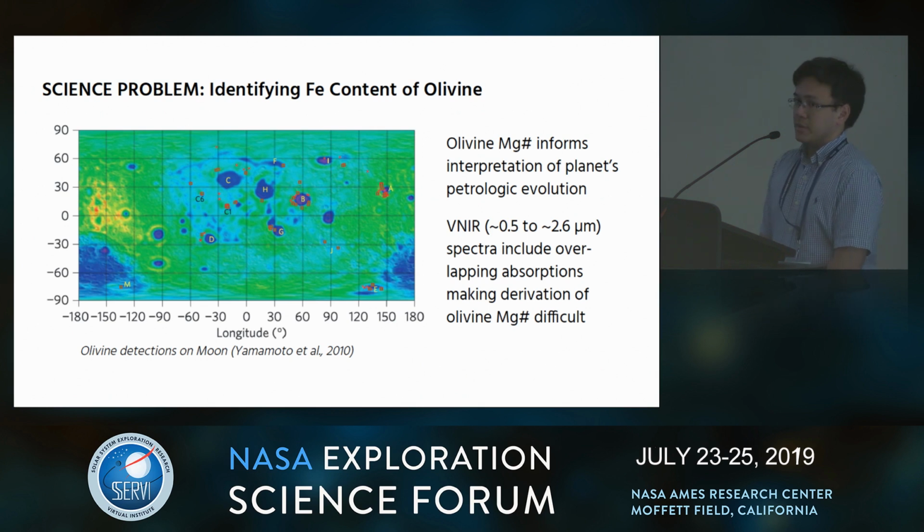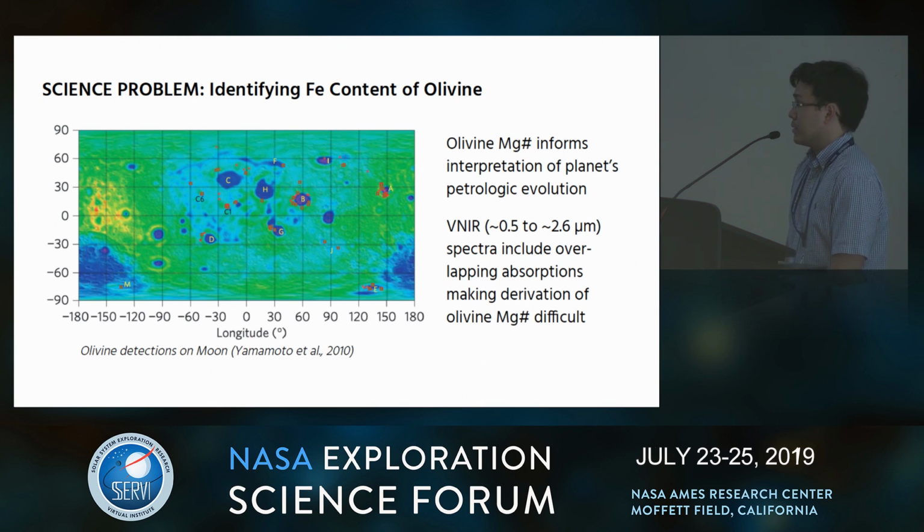The composition of olivine, as well as those of other major rock-forming silicates, fundamentally informs our models of the origin and evolution of planetary crusts. Unfortunately, for a variety of reasons, it has been difficult to interpret the magnesium numbers of olivine in remote sensing data gathered from other planets and planetary bodies, including the moon.